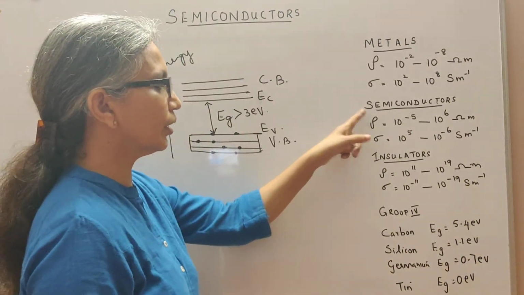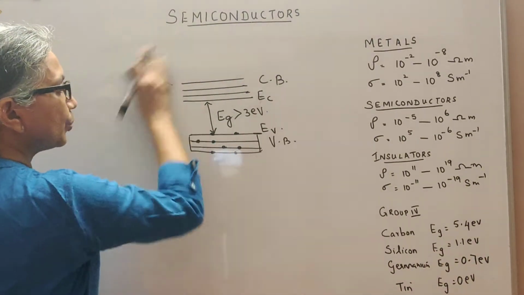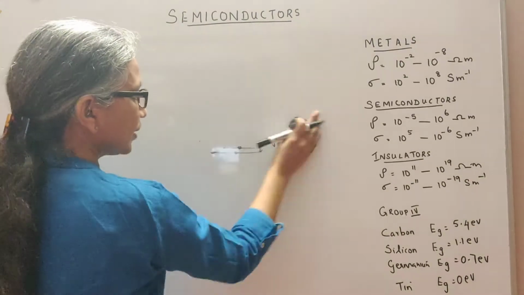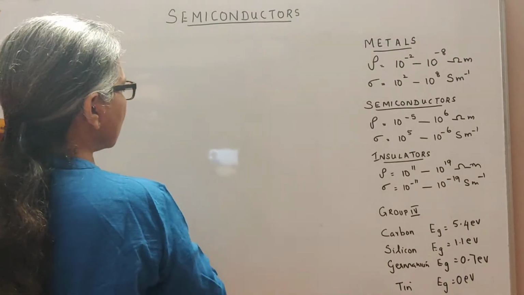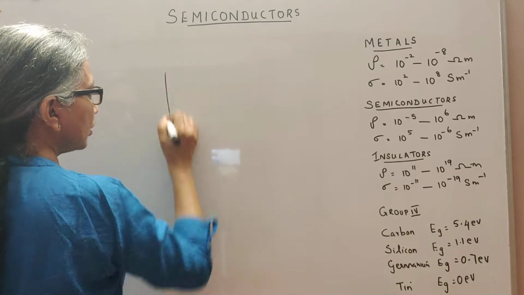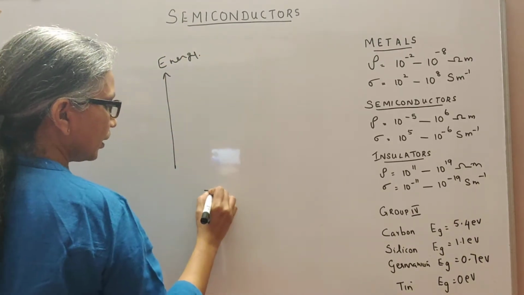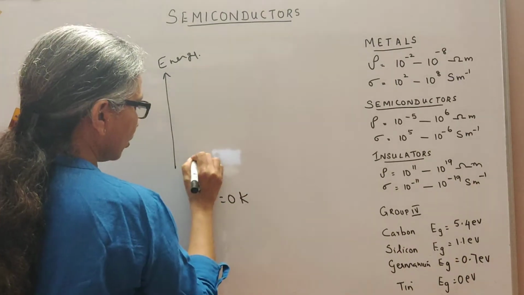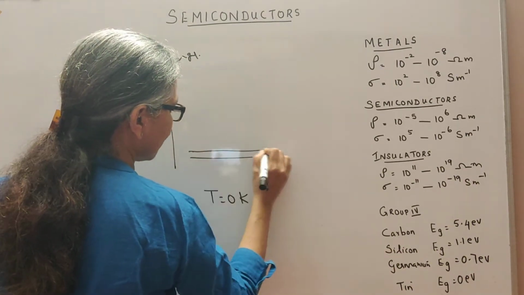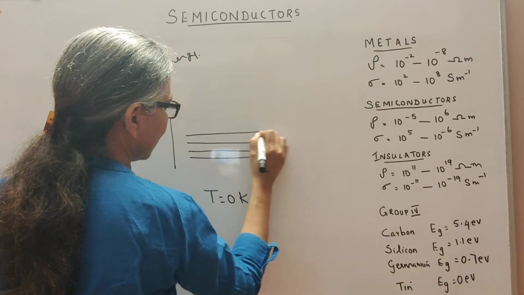Then we go on to look at a class of materials which come in between the two, that is the semiconductor. In a semiconductor, if you plot the energy levels here, you will see at T equal to 0 Kelvin, we have the valence band, the lower valence band.